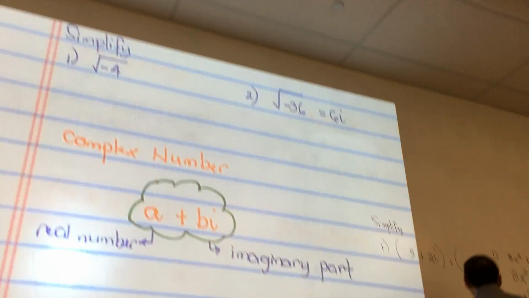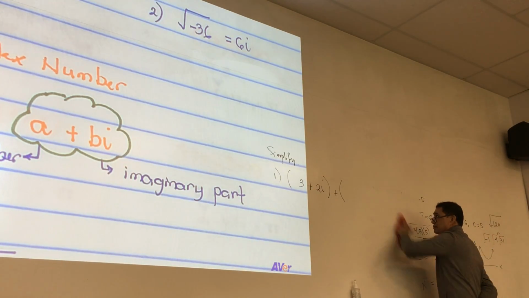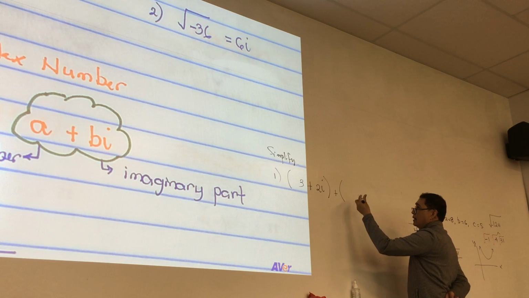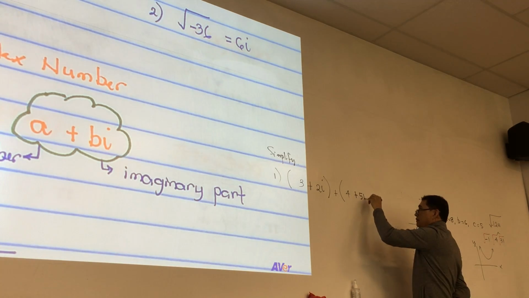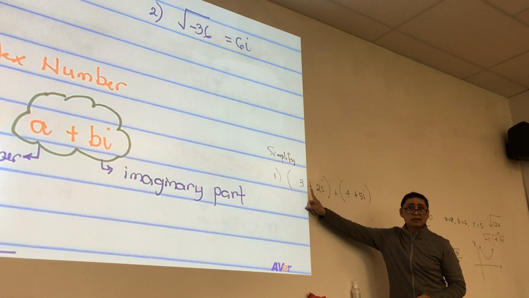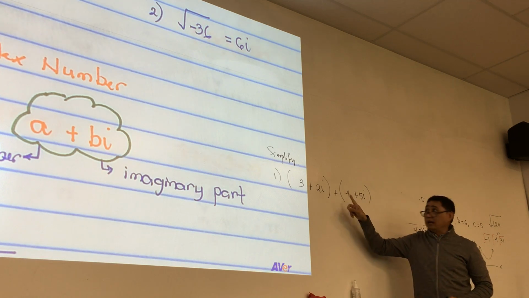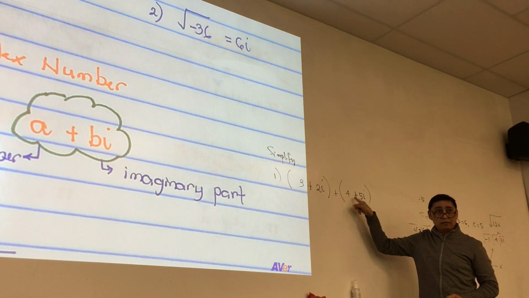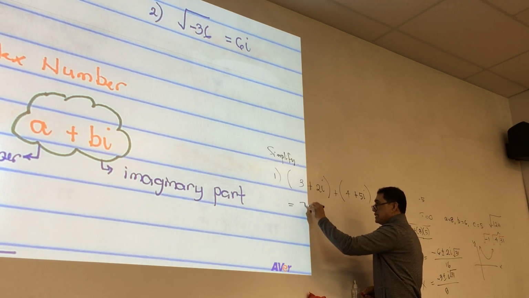So, let me erase this first. And I'll say 4 plus 5i. Ready? One more time. What's the real part here? 4. Can I add 3 plus 4? Can I? Yes. Therefore, the final answer for this one would be 7.